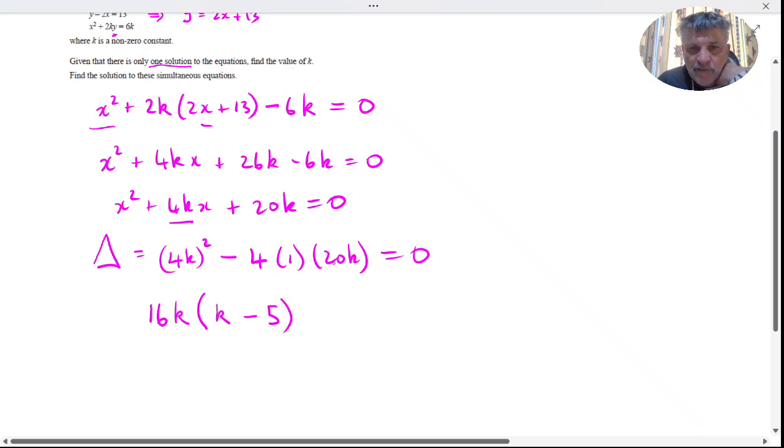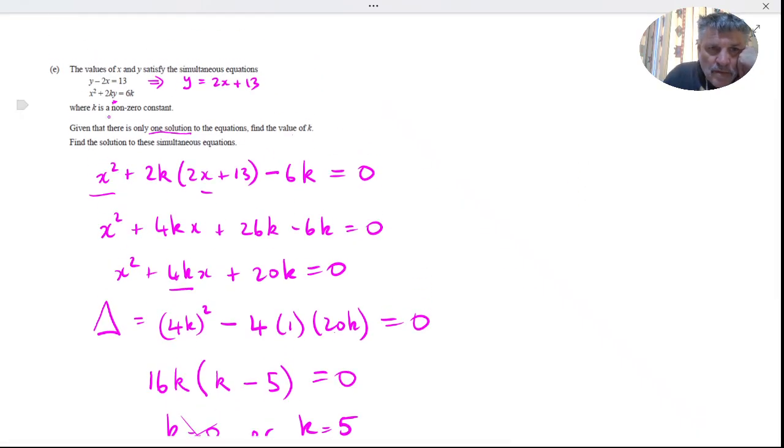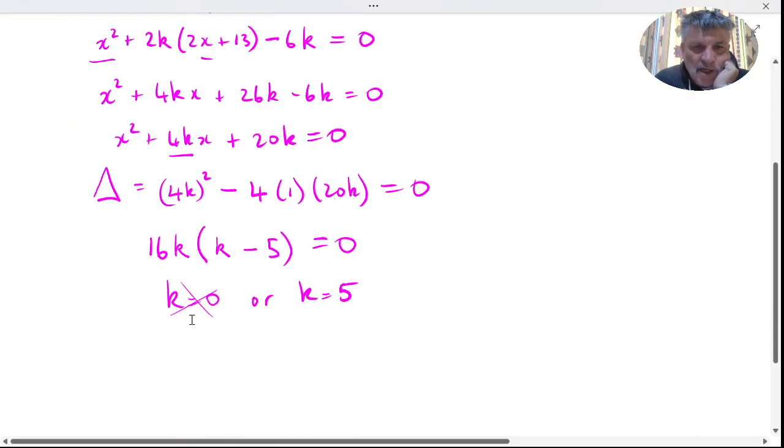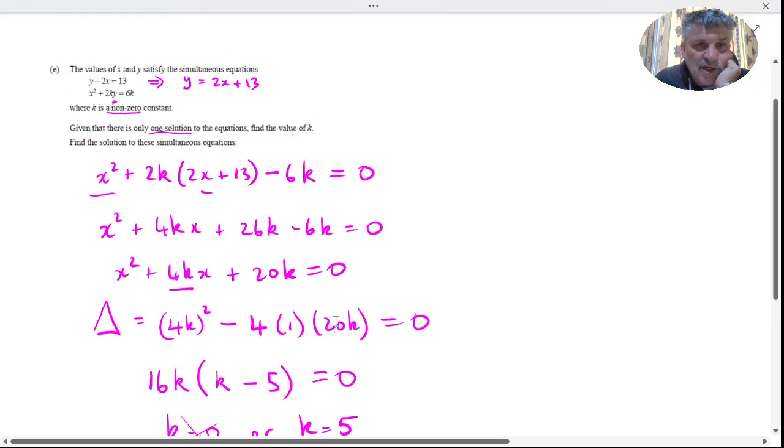I've taken 4 out of here, so this is 4 times 5. I've taken the k out, equal to 0. That means k is equal to 0, or k is equal to 5. The question says k is non-zero, so we can't have k equal to 0, so therefore k is equal to 5.